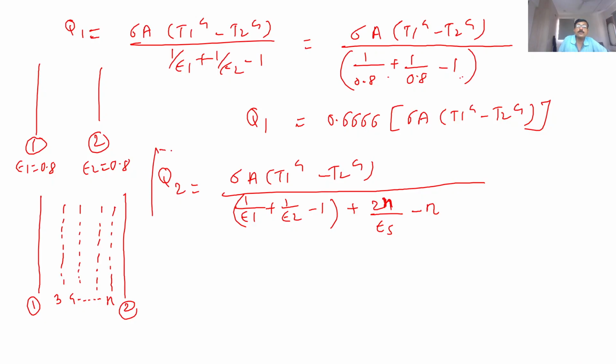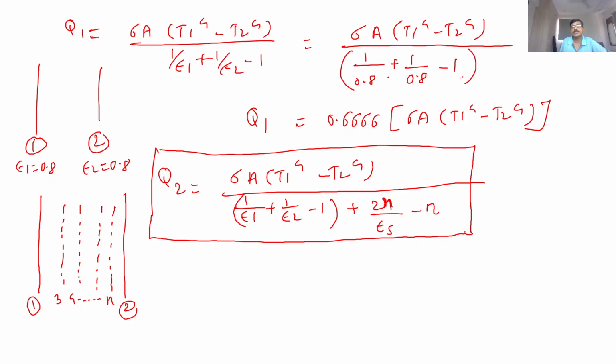So this is the formula we need to use to calculate the number of screens or shields when all the shields have equal emissivity. This formula is the best fit in this problem because n shields are added with the same emissivities and we need to calculate the value of n.